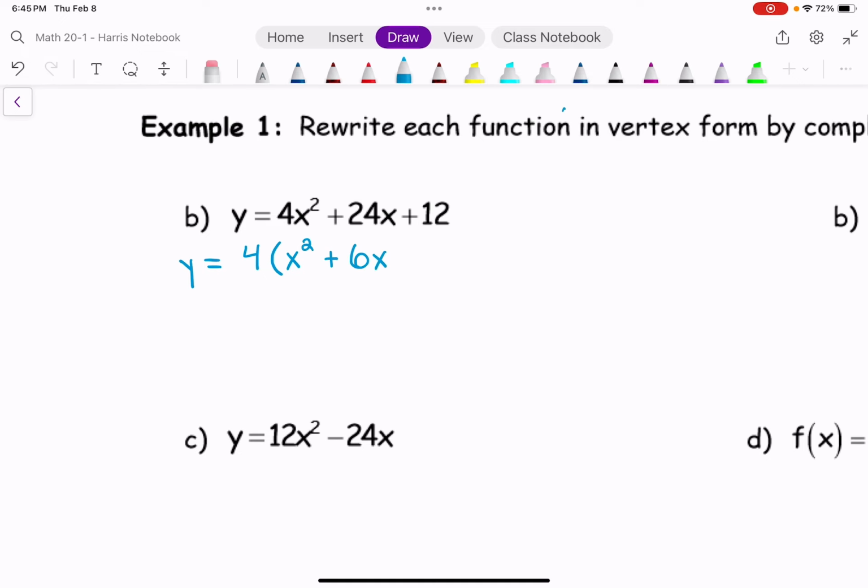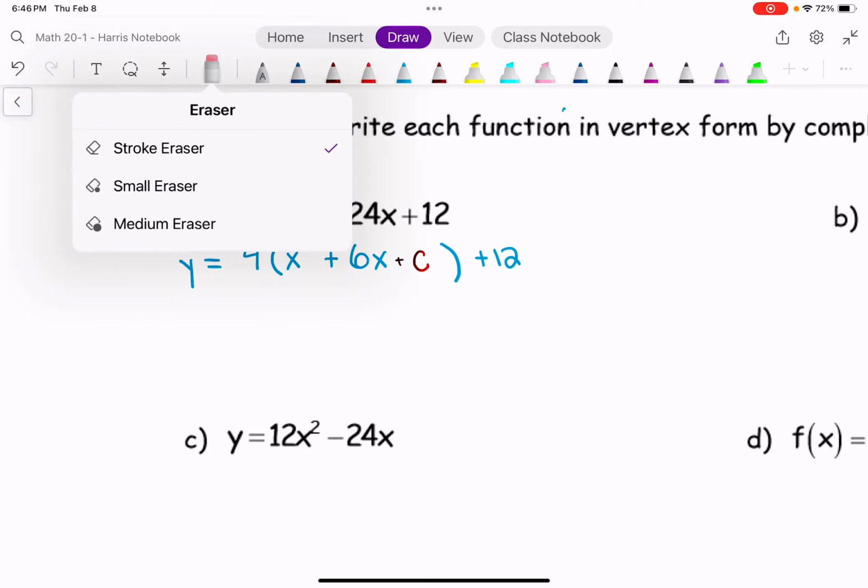I'm going to leave a space, close my bracket, and then put plus 12 over here. The reason that I leave a space is because yesterday we talked about how x squared plus 6x plus a c value will make my perfect trinomial. So I need to think, what value makes it my perfect trinomial?